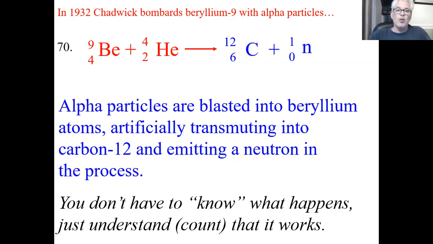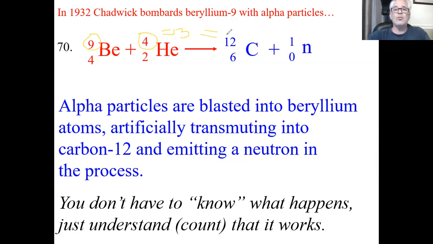This is also important. You do not have to know what would happen. You just have to be able to say, hey, does the math work? And let's do this math really quick, because honestly, it's so simple. You'd be like, oh yeah, I should have seen that coming. 9 plus 4 equals 13. Ooh, I don't like that number.